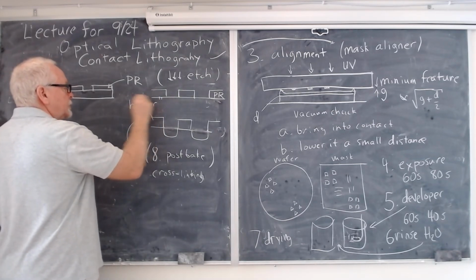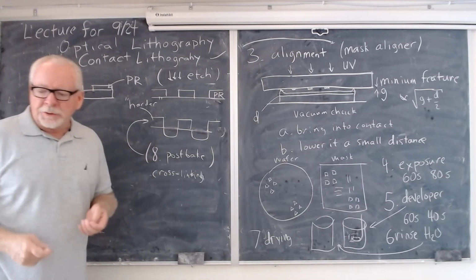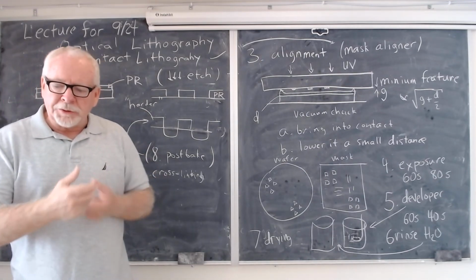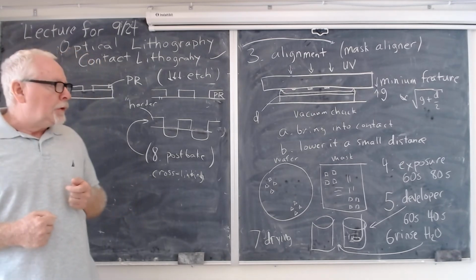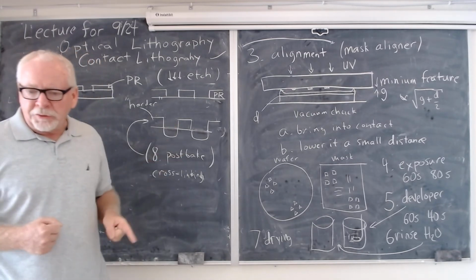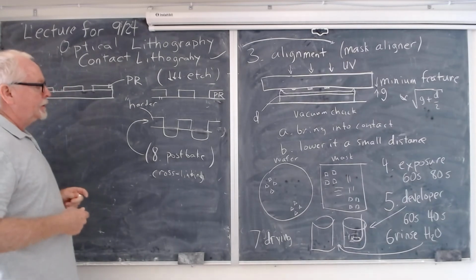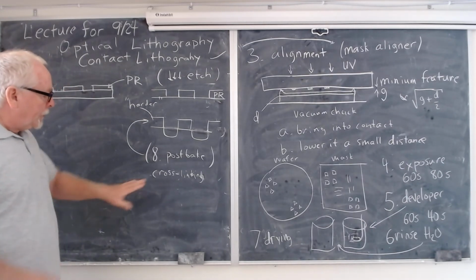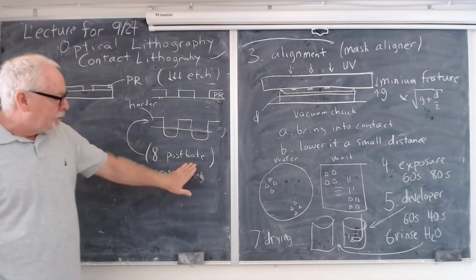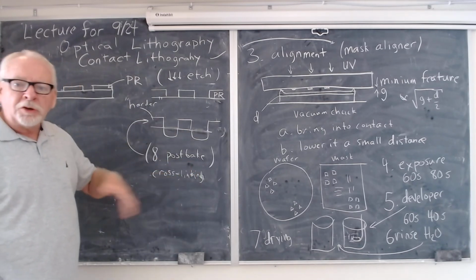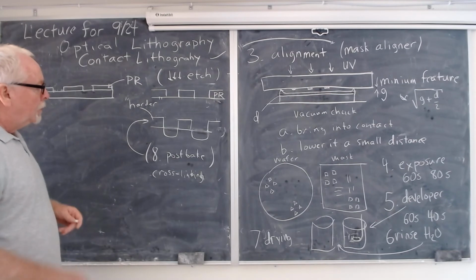I'll put that in quotes. It takes all the polymers inside and makes them link with each other, making it more resistive to chemicals like acid etches that you might use. So I put etch in parentheses, because you may or may not do it depending on what you're using the photoresist for.